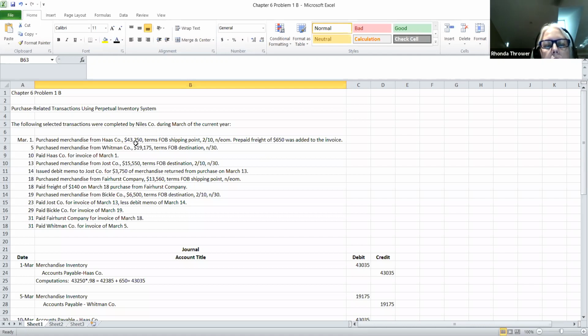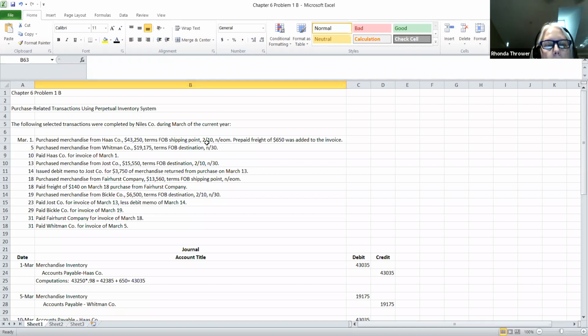First of all, this is the gross amount of the purchase. But if we are offered a discount, we're going to record our purchase transactions always at the net purchases amount. That means we're going to take advantage of all discounts that we're given.